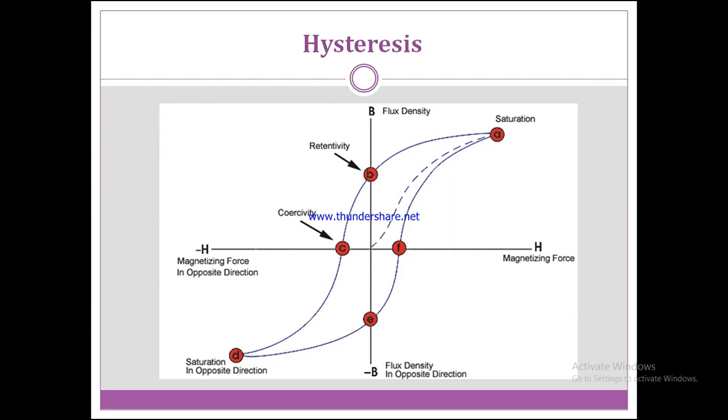Now over here, the magnetic hysteresis loop has four main steps. The first one is to increase the current in the positive direction in suitable steps.